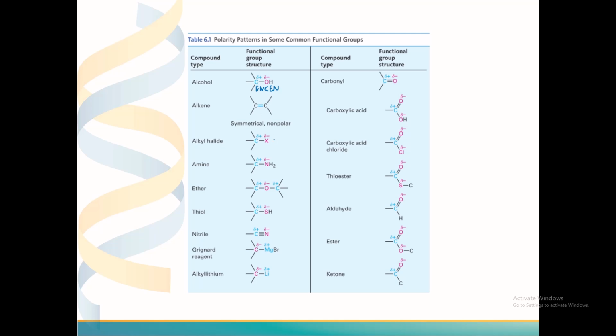In alkyl halide, as you know, the electronegativity of a halide is more than carbon, so it looks like this. The bond is not split up, thus you still need to add this symbol, called delta, or you can also call it partial.